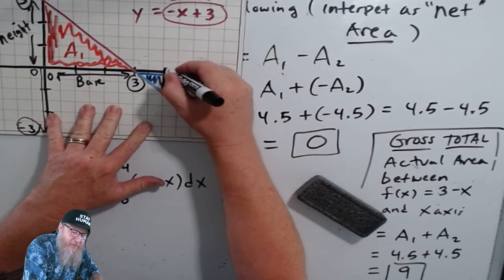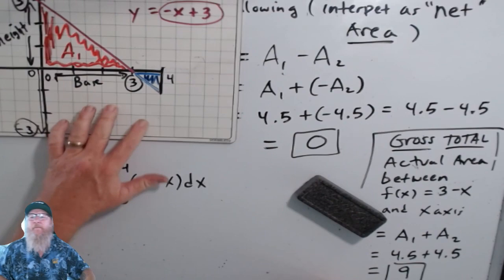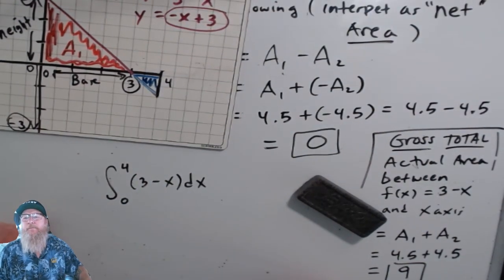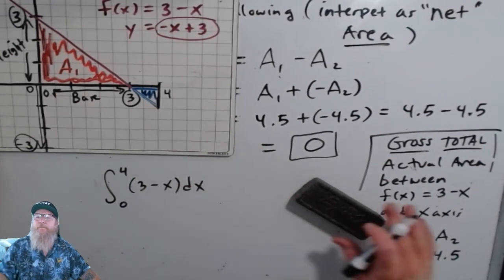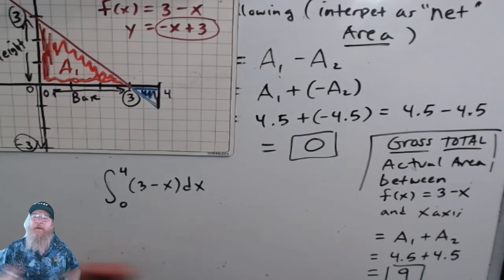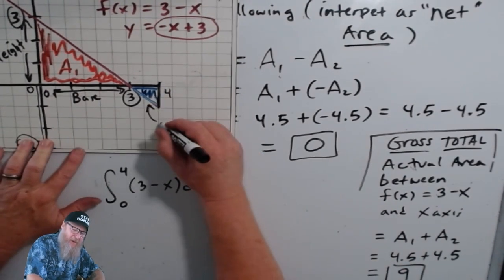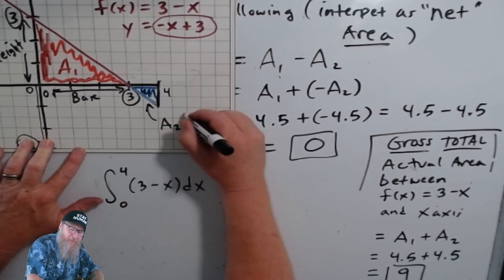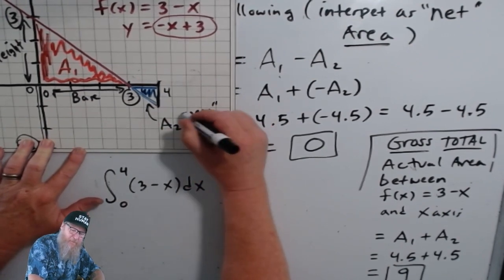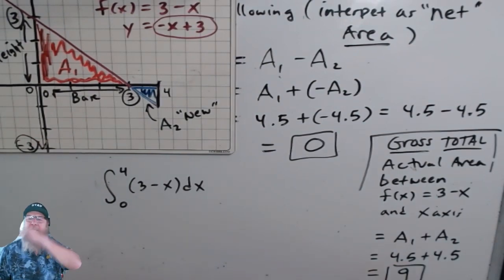So now you're going to stop at x equals 4. Well, now that we've done all the math, the only thing we do is we have to figure out a new A2.